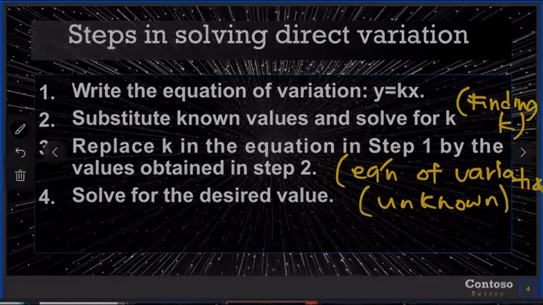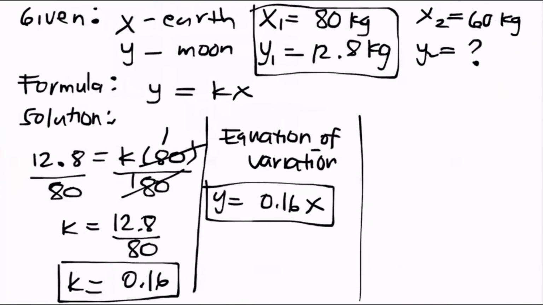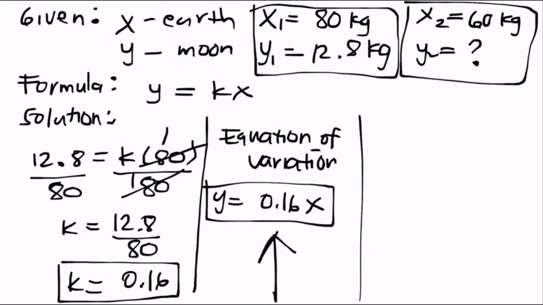So we will now identify the unknown. How will we identify the unknown? First, we will be using our second set of given, and we will be using the equation of variation.